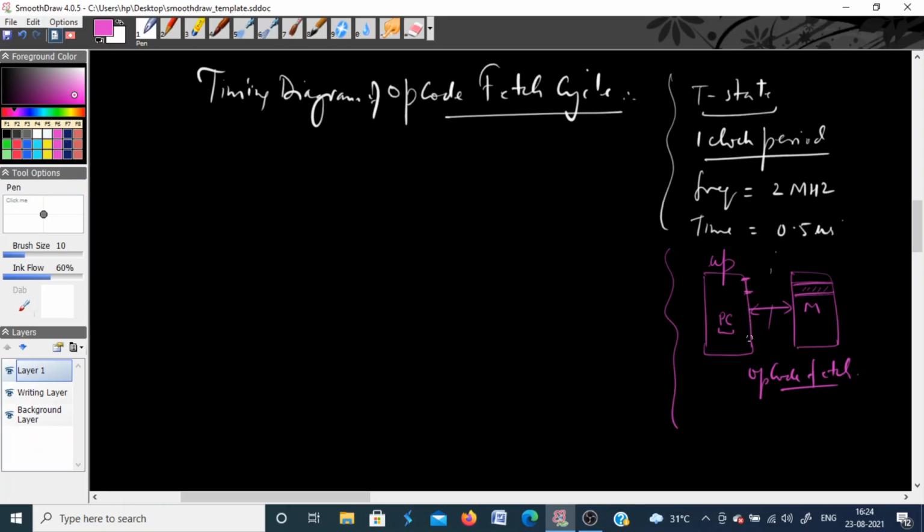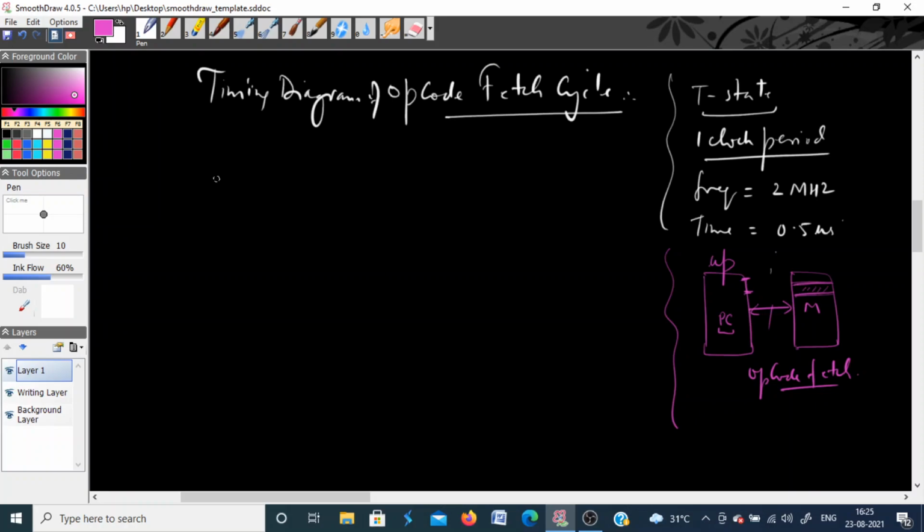The lower 8-bit address will be latched, and then the read signal will go low because it is a logic 0 signal, and this memory chip will be selected. Whatever is the data at that memory location, it will come on the data bus and inside the processor. This is all done in 4 clock cycles.